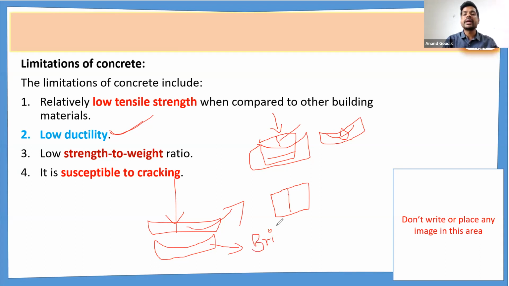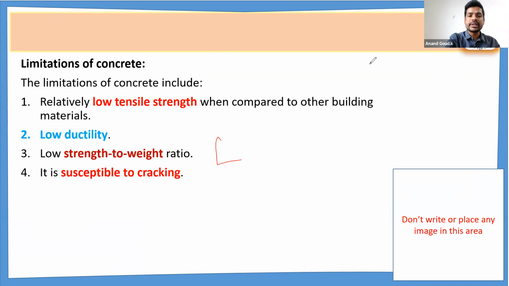Whenever a material breaks without any indication or warning, here the indication or warning is nothing but deformation. See here, this is the initial material. I am applying the force. If you keep on applying force and the material bends like this, this is the initial position and this is the final position.